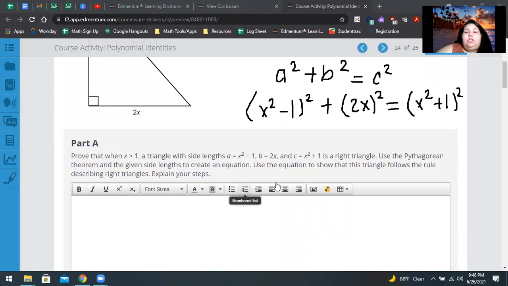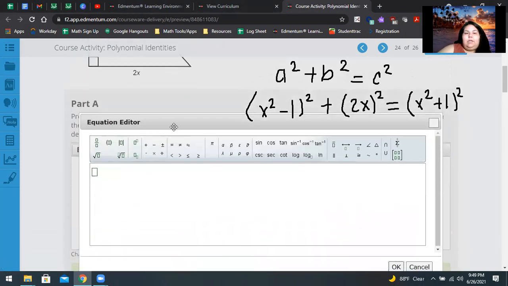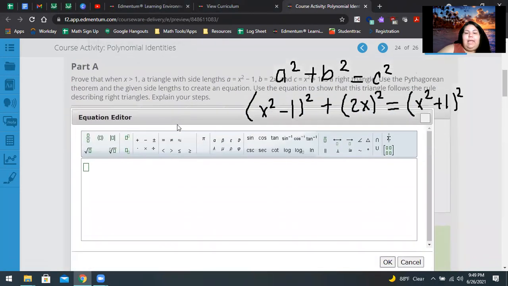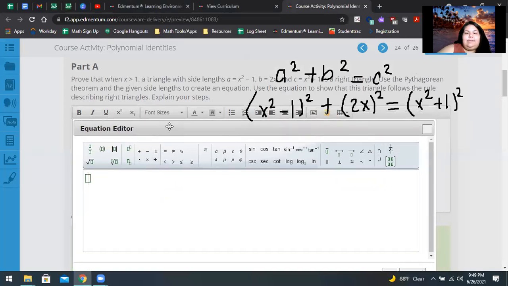Explain your steps. I'm writing this on screen, but I'm going to show you a little bit of what you're going to be doing to enter it. You are going to be using our button here for the equation editor. Once you have the cursor typed in for part A, you're going to click on this yellow button here, and you're going to type out this here.